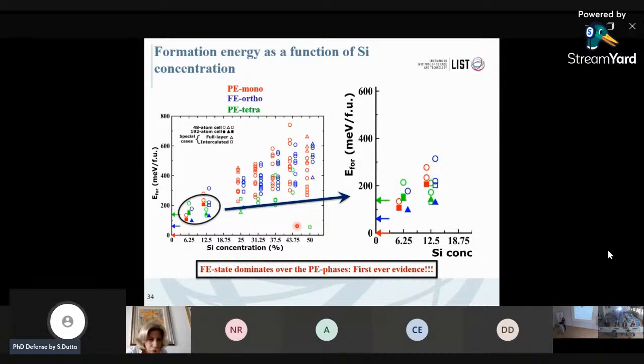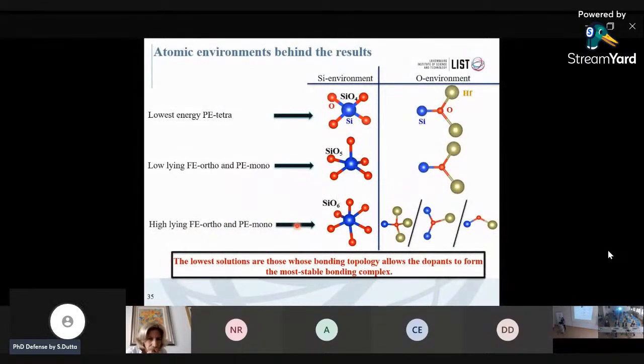Having found this exciting result, we wanted to know what the origin of this low energy solution is. For that, we concentrated on the silicon environment and oxygen environment in our system. What we found is that the lowest energy tetragonal phase shows SiO4 formation, and the oxygen is bonded with two hafnium and one silicon.